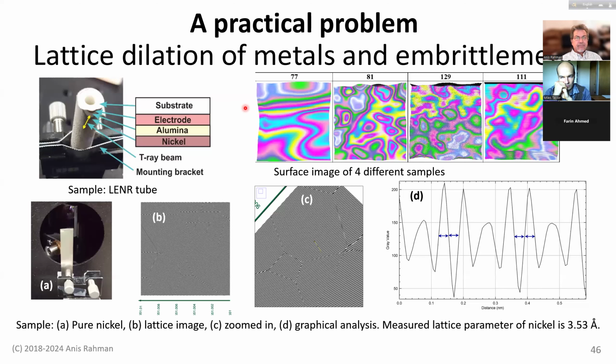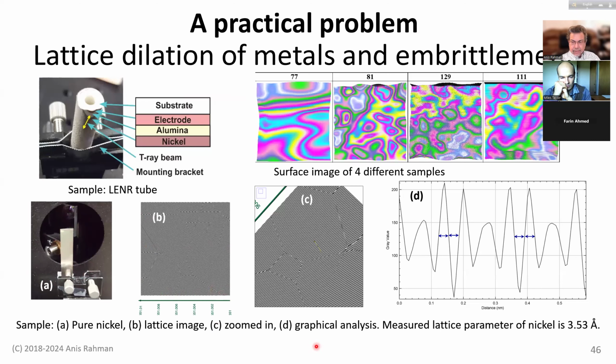So this is a study of lattice dilation of nickel, spray deposited nickel. First, what we did is we took a pure piece of nickel and measured its lattice to get a calibrated start.